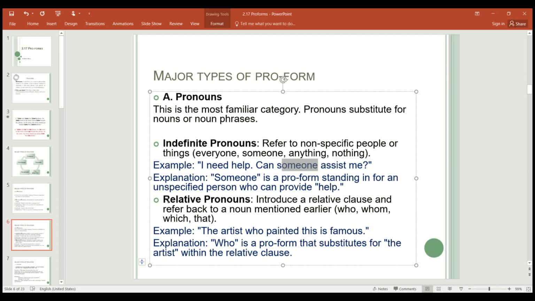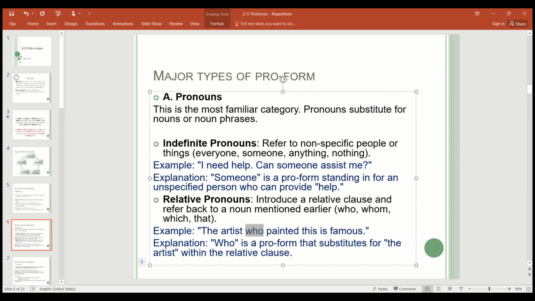Another pronoun is the relative pronoun. Mentioned here: who, whom, which, and that. For example, the artist who painted this is famous. Now this who can be substituted with the artist if we decompose the two sentences, because we have two clauses in this sentence.